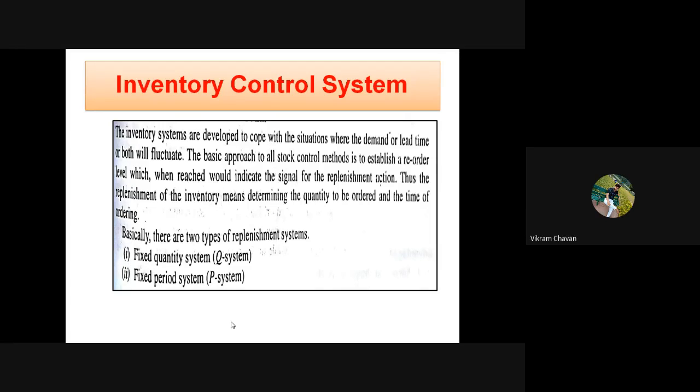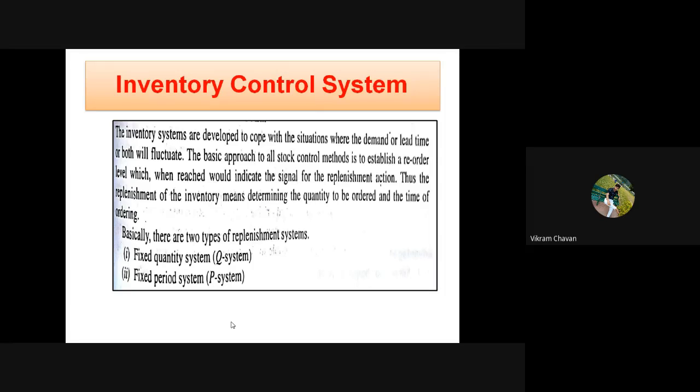Here the inventory systems are developed to cope with the situation where the demand or the lead time or both will fluctuate. Demand or lead time fluctuates on the basis of consumption.